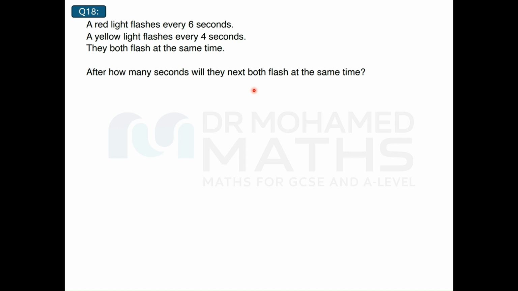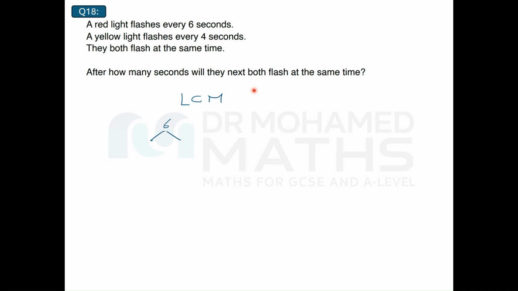This exactly is what the question is asking for. We're looking for exactly at what time both of them will flash at the same time. Such questions are asking for the lowest common multiple. That's it, no more.